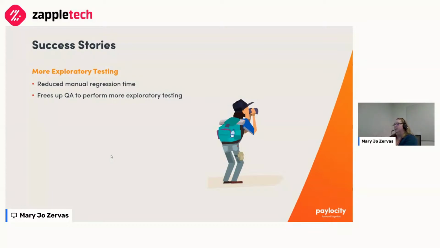I think that's really one of the benefits of automation: you're automating all the easily repeatable, boring stuff, and you're letting your human resources do the more fun, what-if-I-do-this, crazy testing.